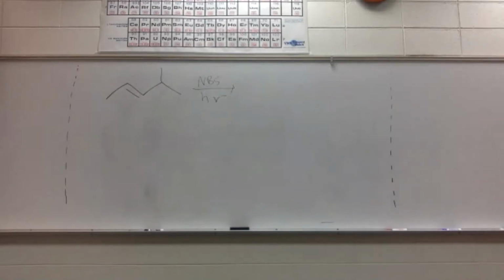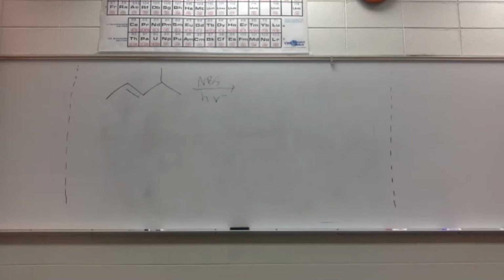Just from looking at our setup, can anybody tell me why this one's a little bit more complex? Yeah, in each of the first two examples I gave you, there was only one type of allylic hydrogen attached, right?